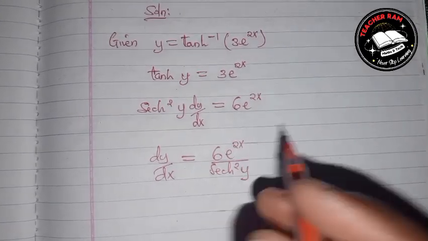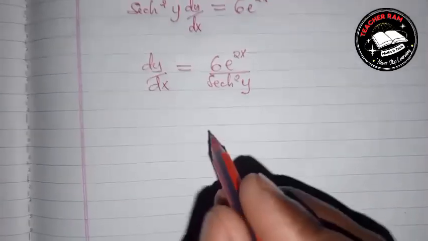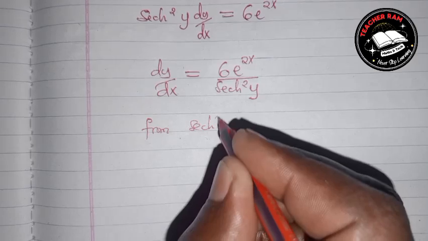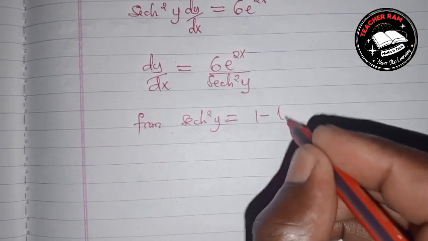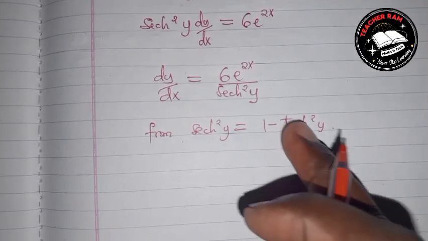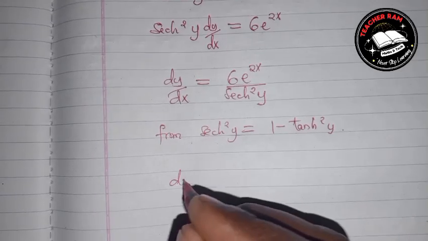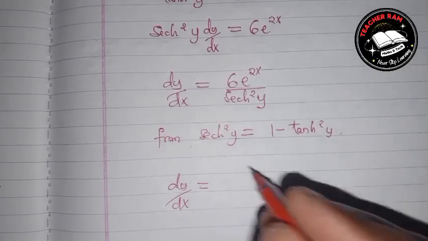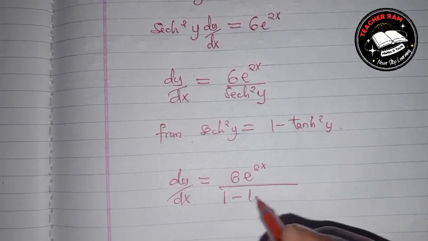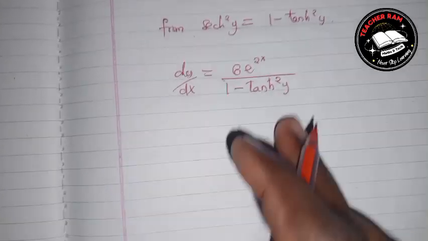We know that sec square y is the same as 1 minus tanh square y. So we substitute 1 minus tanh square y in place of sec square y, so dy dx will be equal to 6e power 2x divided by 1 minus tanh square y. So this will be our equation.